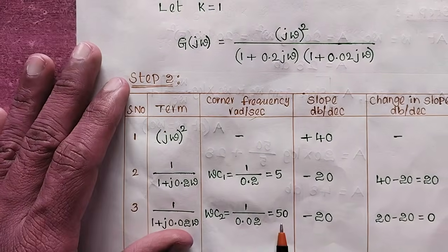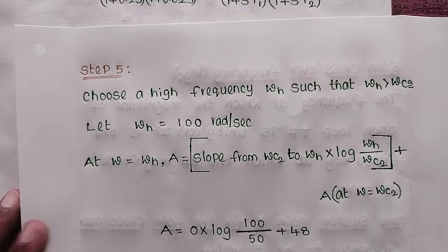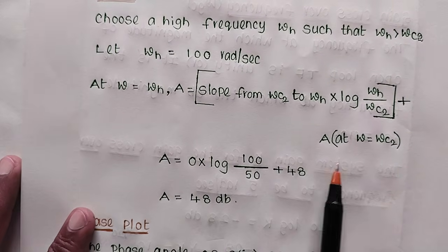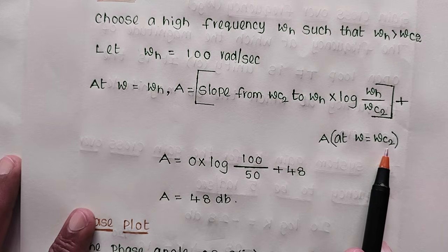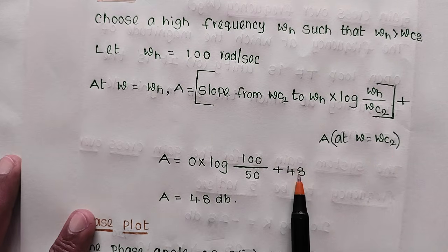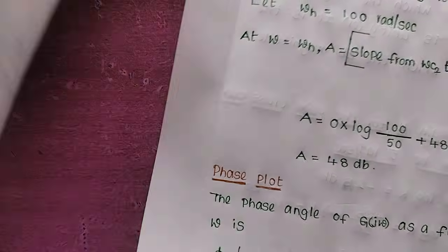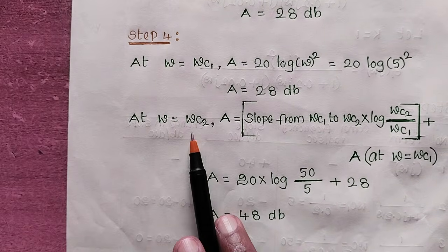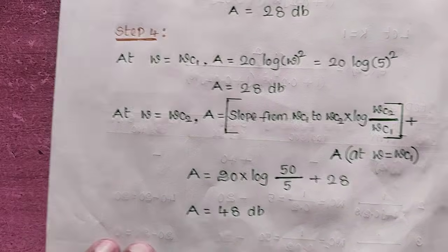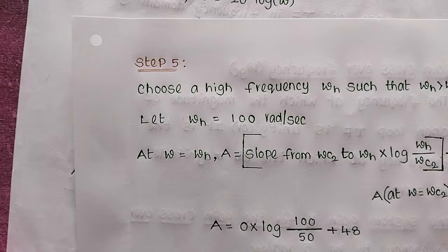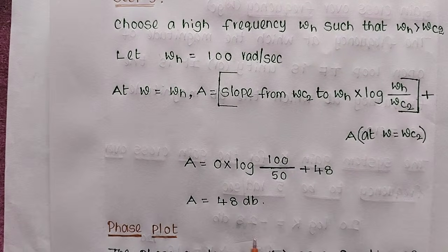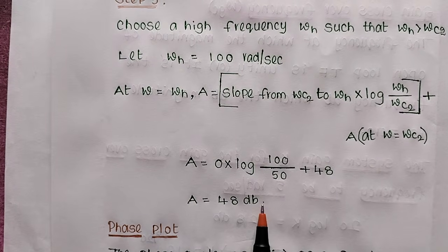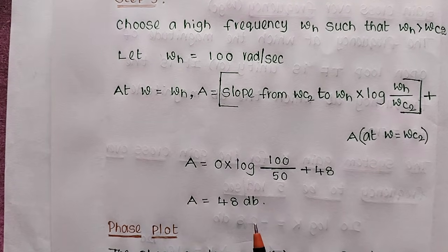So 0 into log of 100 by 50, plus the magnitude at omega equal to omega c2, which is 48. So take that value as 48. Now it becomes 0 into something is 0, plus 48. So A equals 48 decibels.